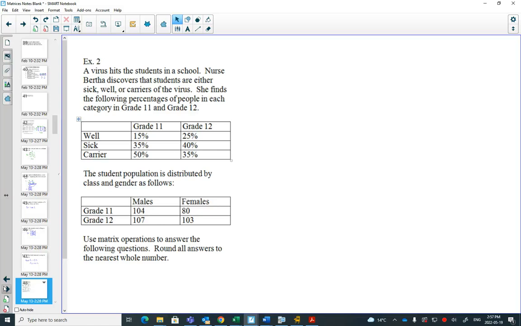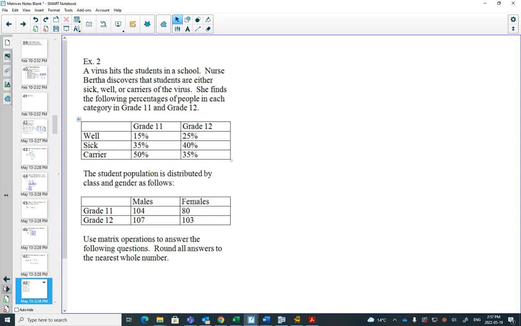Grade 11, 15% are well, 35% are sick, and 50% are carriers. Grade 12, 25% are well, 40% are sick, 35% are carriers.